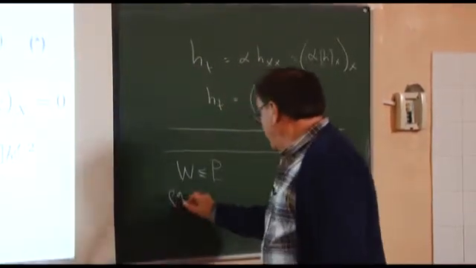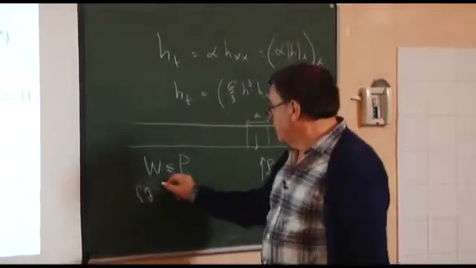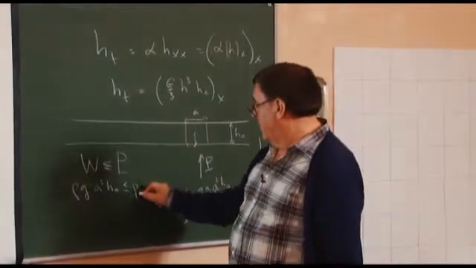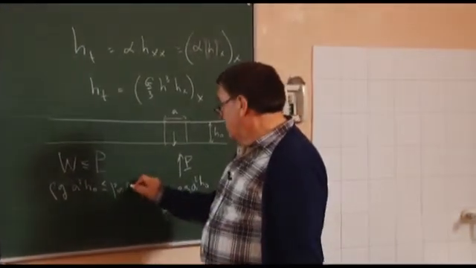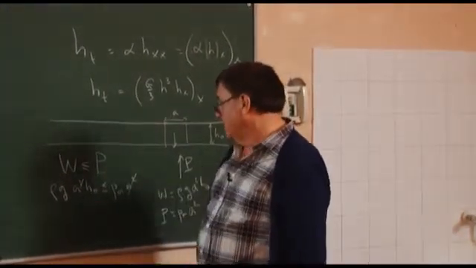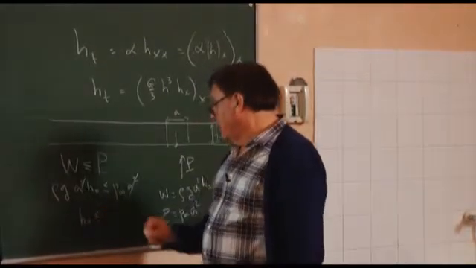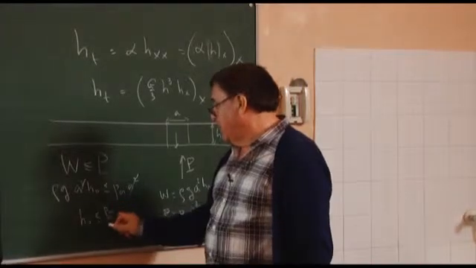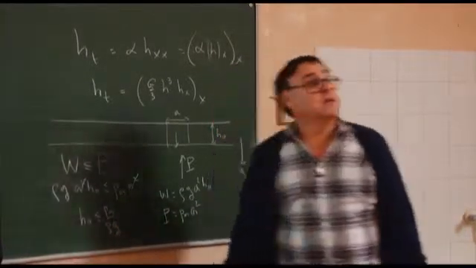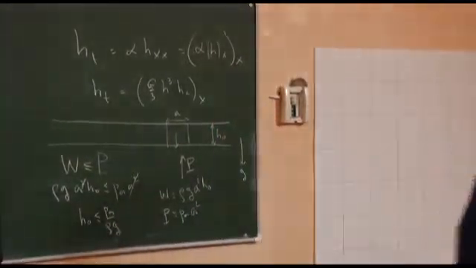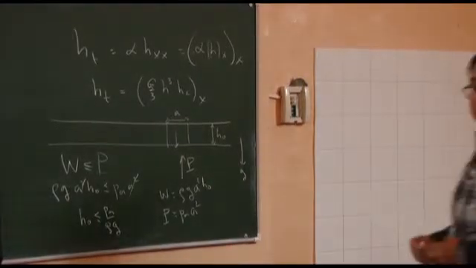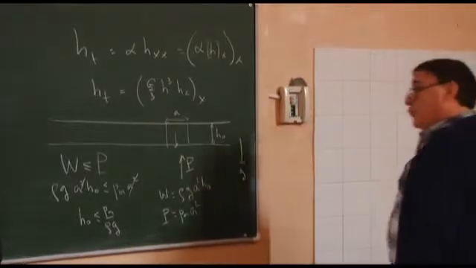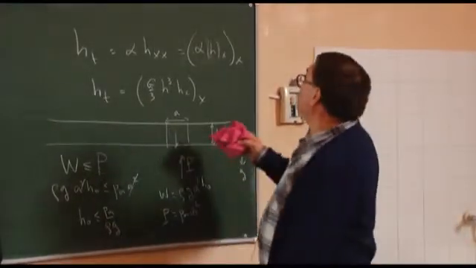Rho G times A squared times H0 should be less or equal to PA times A squared. Well, A squared cancels. So H0 should be less or equal than PA divided by rho G.